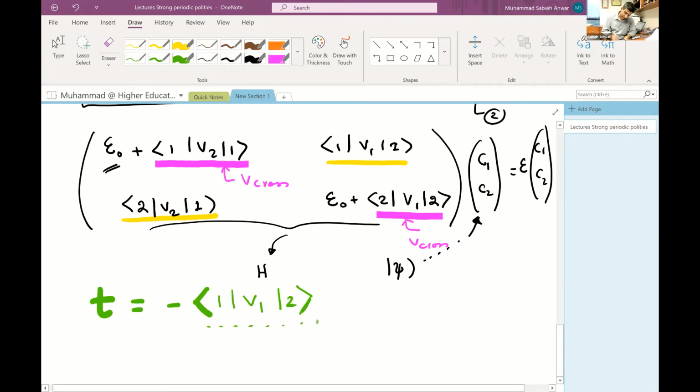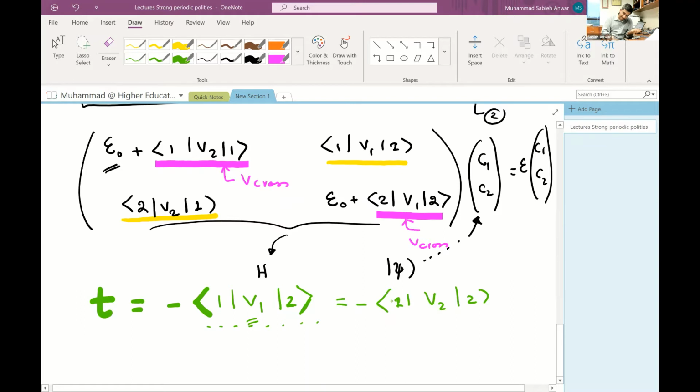Now what does this mean? This means that an electron in the second orbital can be pulled into the first orbital. So it represents a hopping between the second orbital and the first orbital. All right. And this hopping can be achieved either by V1 or by V2 because of the symmetry of the molecule.